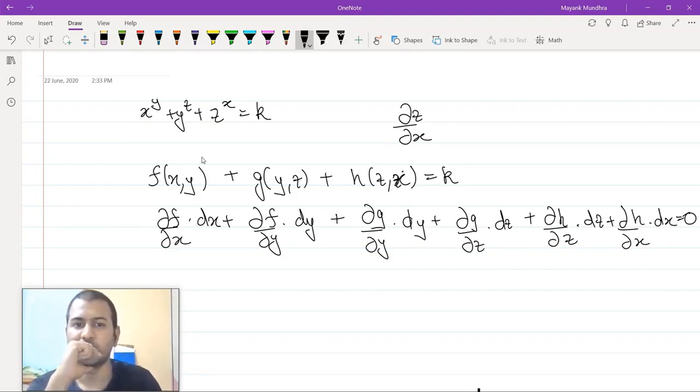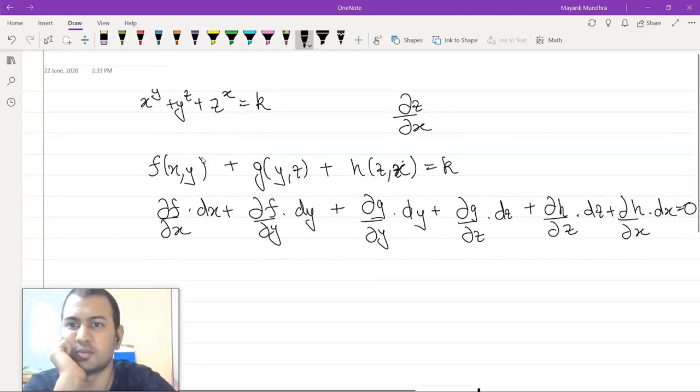Right? This gives me a lot of partial differentiations. How should I approach this problem?